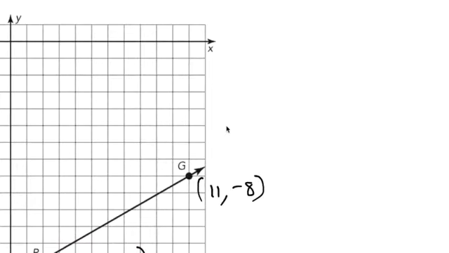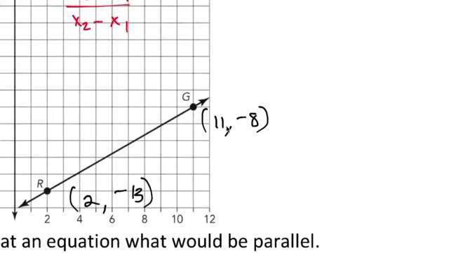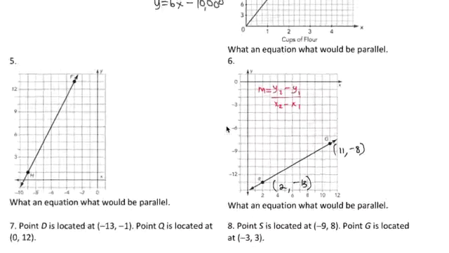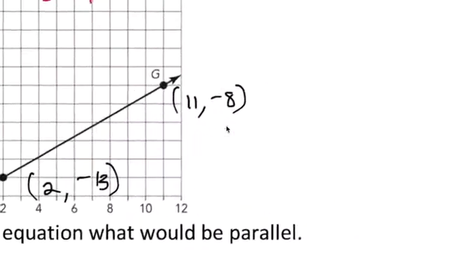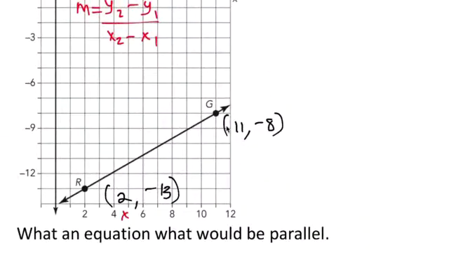So finding slope. The slope formula, remember, is y sub 2 minus y sub 1 over x sub 2 minus x sub 1. This is x sub 1, that means your first dot. Here's my second dot.